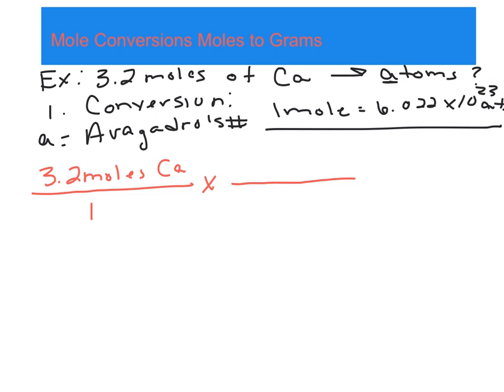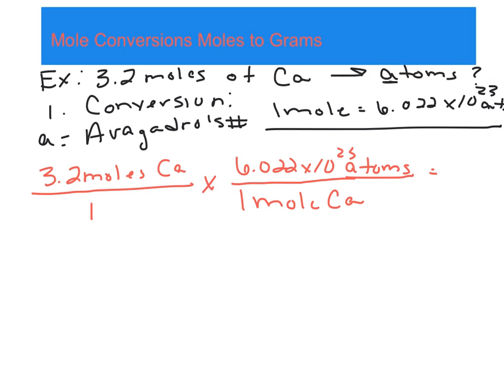My conversion factor says that 1 mole of calcium is equal to 6.022 times 10 to the 23rd. So if I have moles of calcium here, then I want to put moles of calcium here. So 1 mole of calcium goes at the bottom, and 6.022 times 10 to the 23rd atoms of calcium goes at the top. See that?